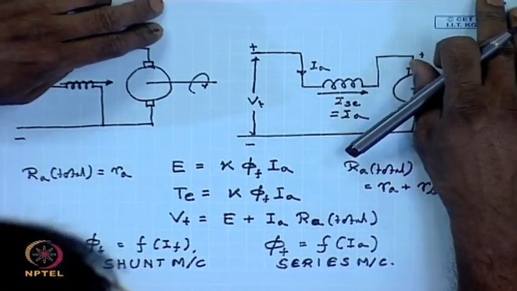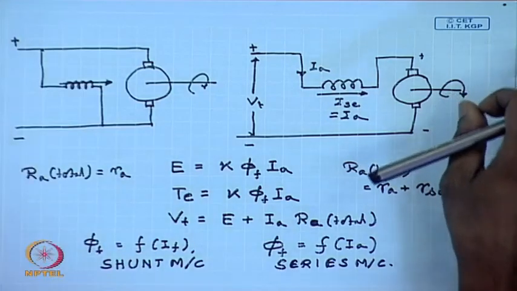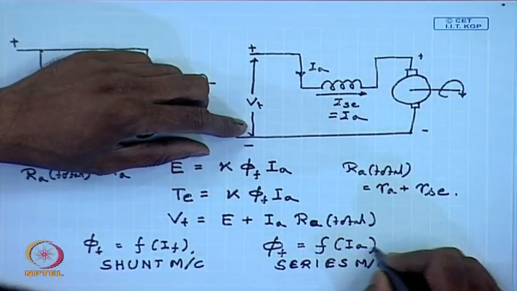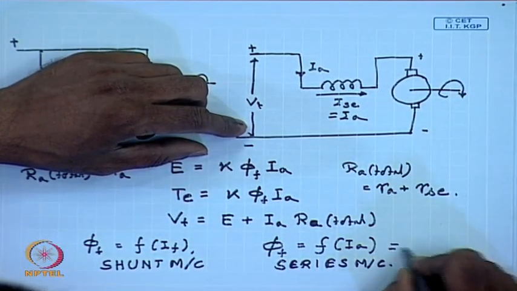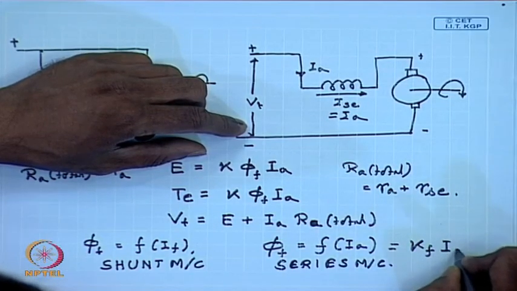Initially, we will assume that the magnetic circuit of the machine is linear, that is phi_f is a linear function and can be given by some flux constant k_f into I_A.